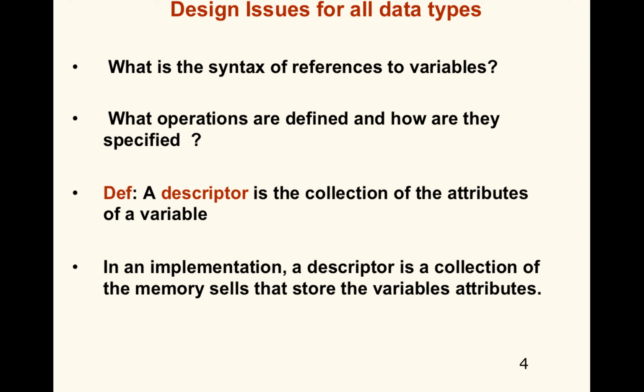We follow that by an identifier, which is a name for the variable, like i. So if we said int i, semicolon, that would be the syntax for the reference to the variable of a particular data type.